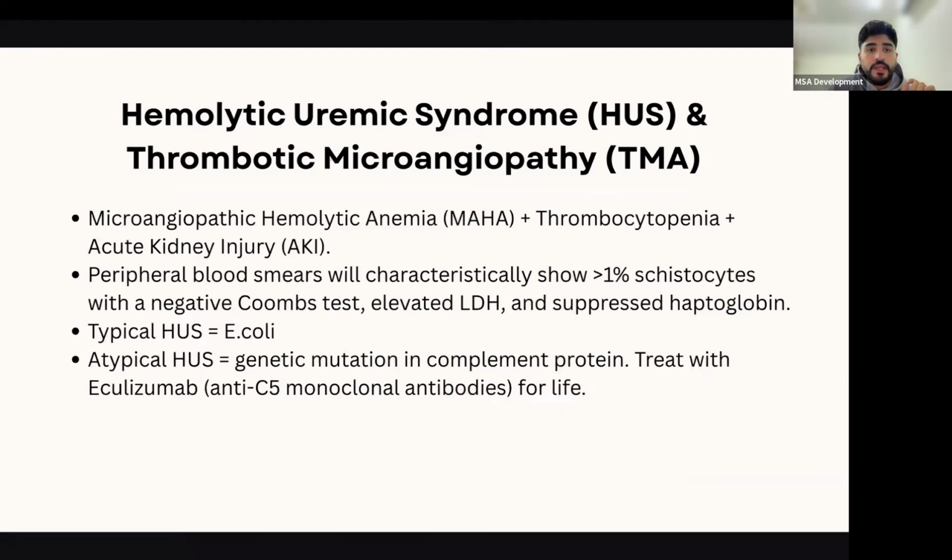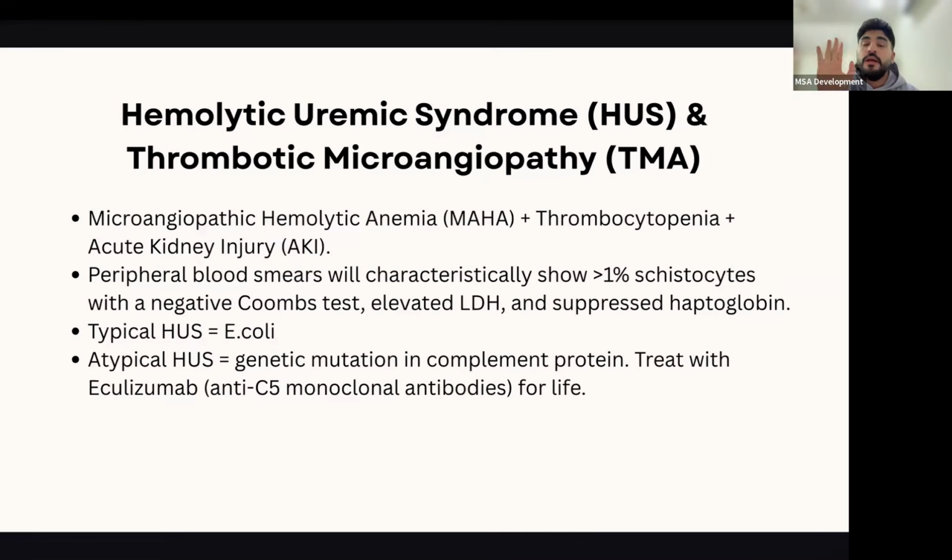Okay. So this is just me basically summarizing everything I just said. A patient who comes to you with hemolytic uremic syndrome is going to have three things: microangiopathic hemolytic anemia, or MAHA. They're going to have thrombocytopenia, and they're going to have acute kidney injury. Okay, given that they're going to have high creatinine levels, they're going to have hematuria as well.